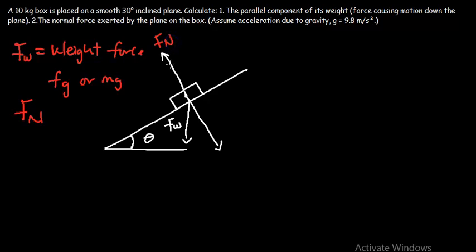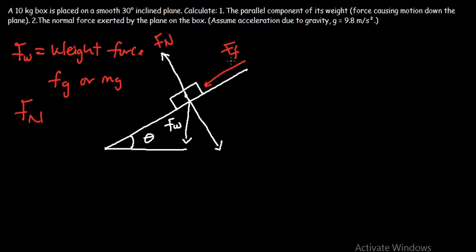The next thing is the frictional force, which is simply the force of friction reacting to the forces pushing down the hill. We can place our frictional force, capital F and a small f, that side.